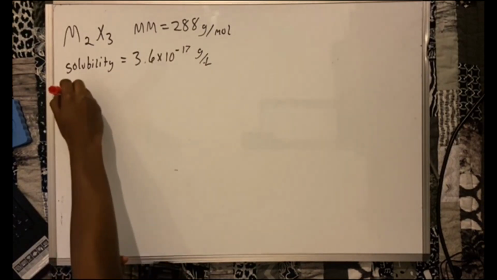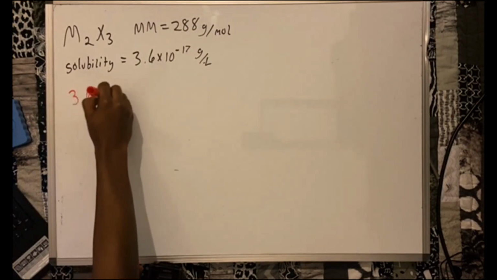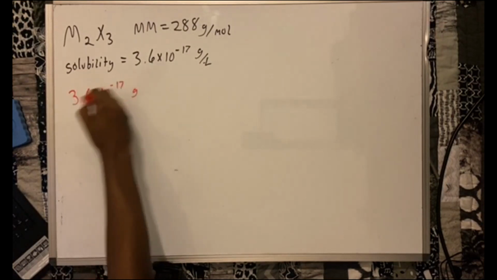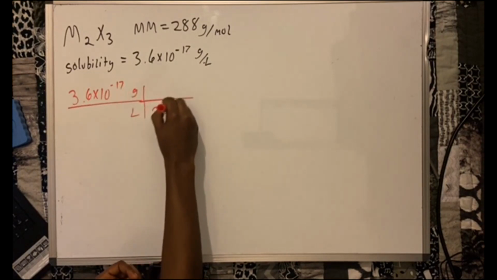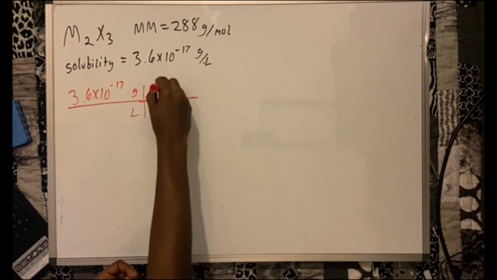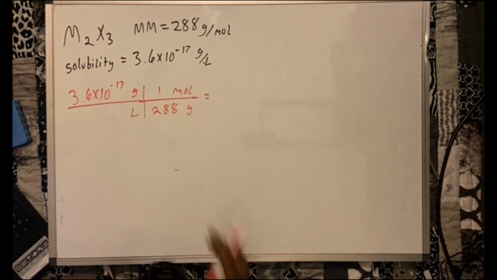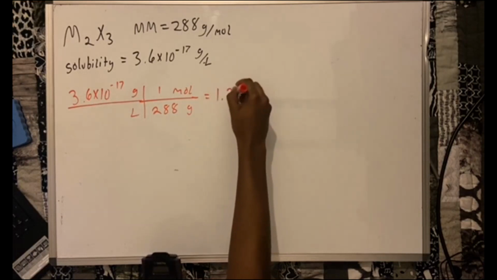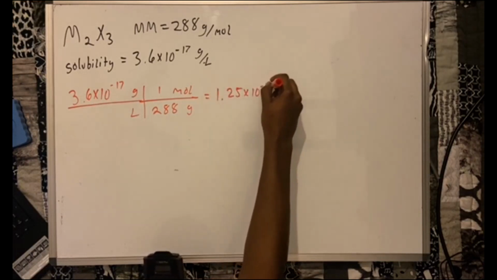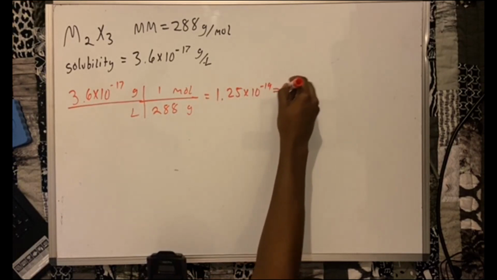We have 3.6 times 10 to the negative 17 grams per liter, and then we have 288 grams is 1 mole. Quick fix. We got 3.6 times 10 to the negative 17 over 288, right? Yes. We got 1.25 times 10 to the negative 19 is S.